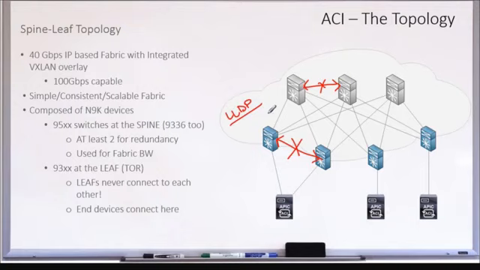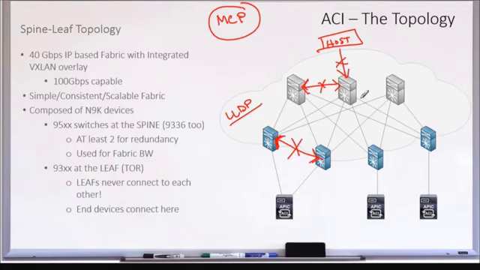And leveraging this, they also have a protocol called MCP, or the Miscabling Protocol. And basically, MCP is going to pick up, if you cable up 2 leaf switches together, or 2 spine switches together, or if you try to hook a host up to a spine switch, for instance. You can't do that either. So there's quite a few nuances, but again, the combination of LLDP and the Miscabling Protocol are going to pick that up, and they're basically going to bring down those links.